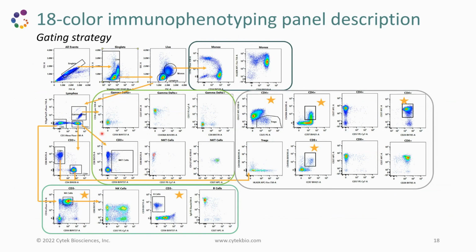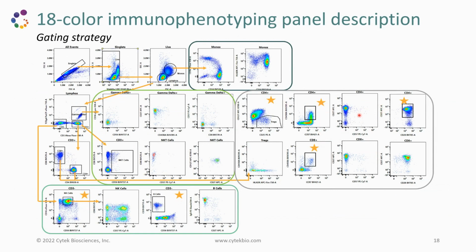We can also look out of the CD3 positive at NKT cells and different subsets of CD4 and CD8 cells, and we can subset the NK cells and the B cells. So here with the stars are some populations that are part of different cell subsets and that are identified with different subsets of markers.